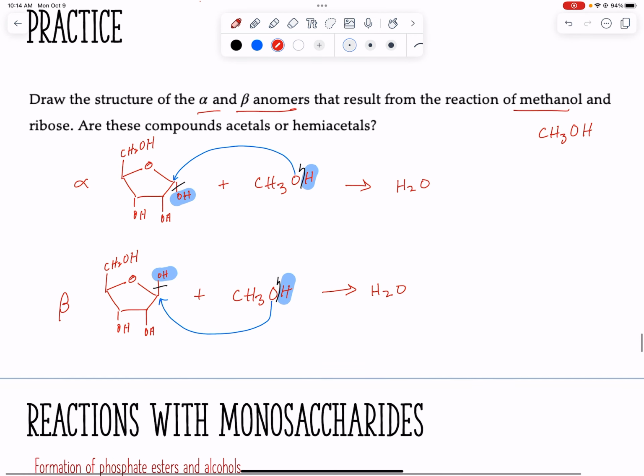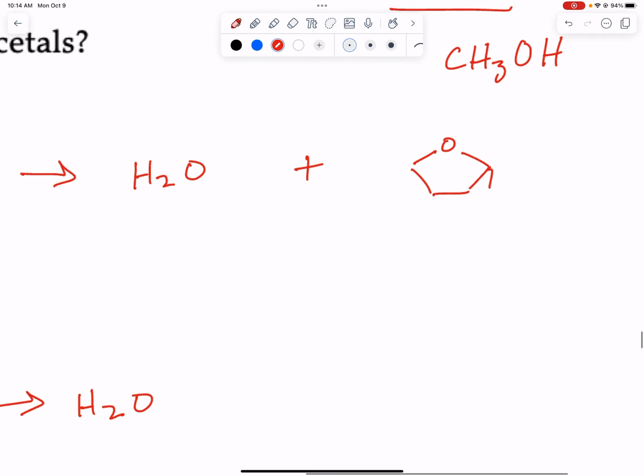Okay. And then we'll redraw our monosaccharide. And we should now have, and we want to keep the orientation. So on alpha, I'm going to draw the first group down. And instead of OH, we broke that off. It'll now be OCH3.